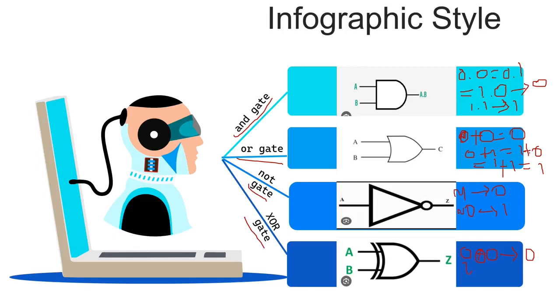Okay, if one of the input is 0 and another input is 1, then the output will be 1. If it is 1 XOR 0, then it will be 1. If both the inputs are 1, then the output will be 0. Okay, so these are the truth tables of AND, OR, NOT and XOR gate.